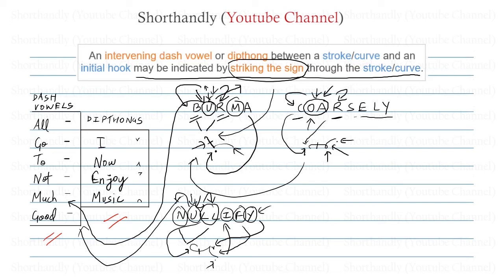Let's take another word called lecture. Okay, so lecture will be written like this. So to represent LEC, we made this L curve and K stroke. Okay, and now the ter. To represent ter, we attach this R hook to this T stroke.